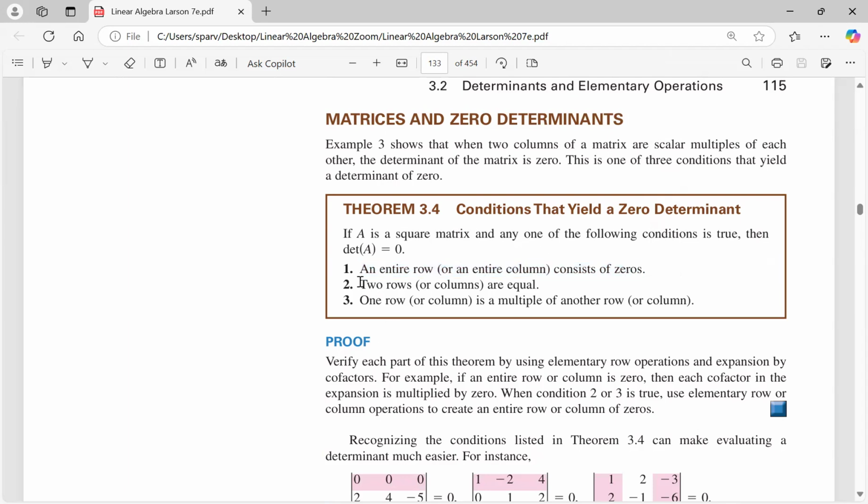The other condition, how else can the determinant be 0? Two rows or two columns are identical. Because if they're identical, remember, you can simply subtract one from the other, and what's going to happen? You get 0. And finally, number 3 is when one row or column is a multiple of another row.